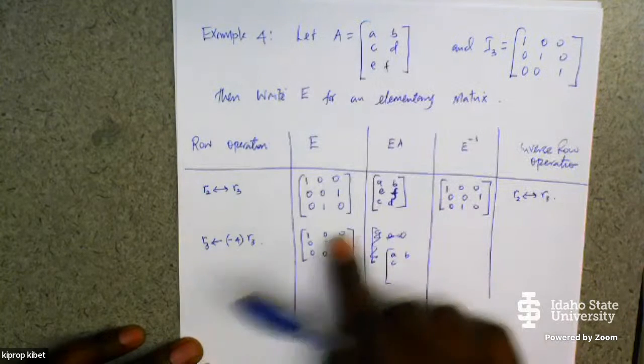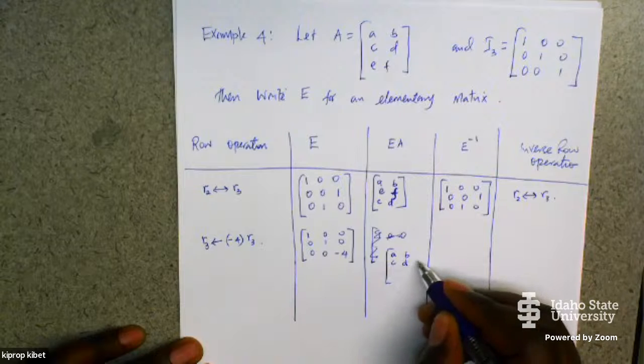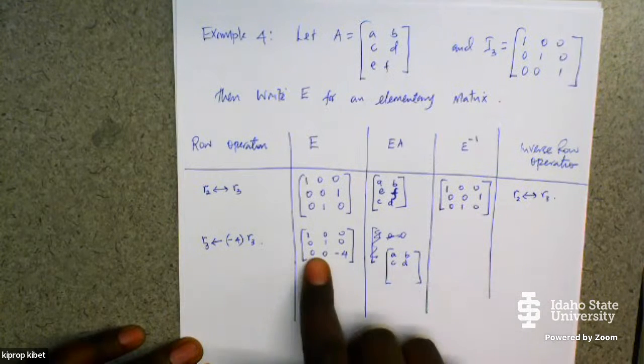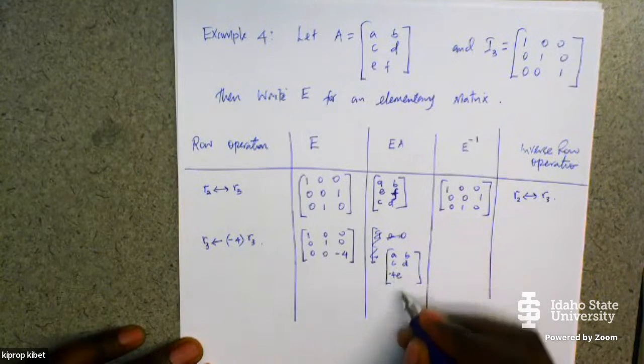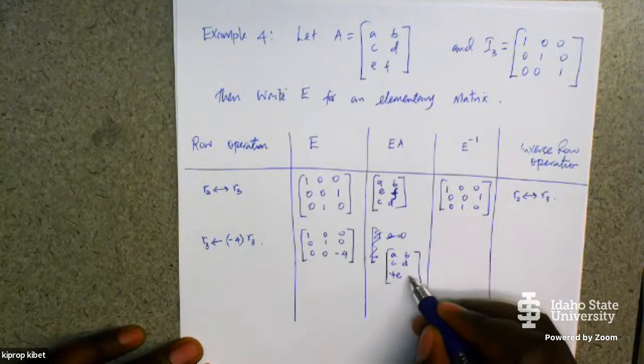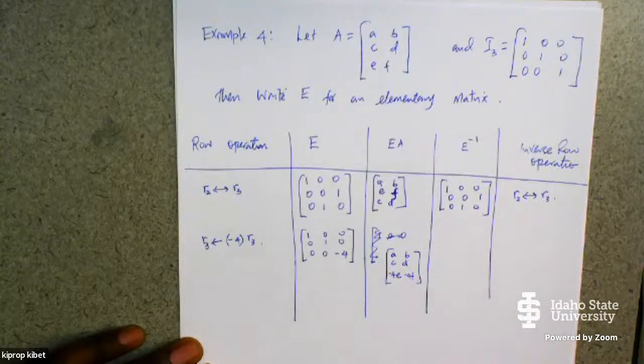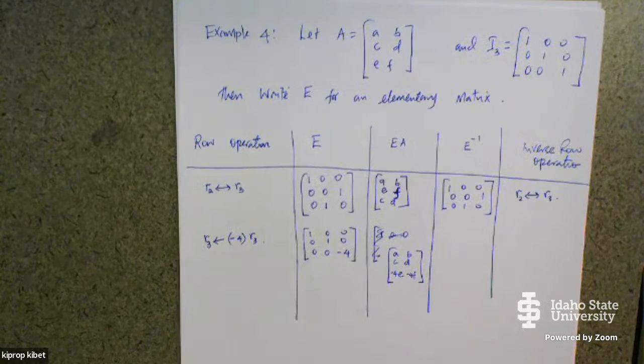That and that will be D, and the others are zeros. And then the last one is -4E, -4F. See, it's just similar to multiplying that row by -4.